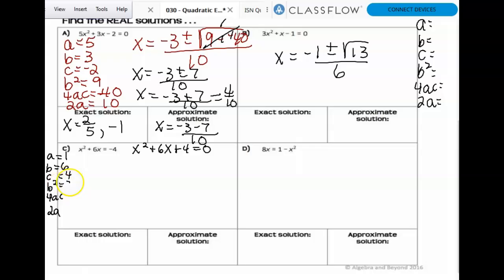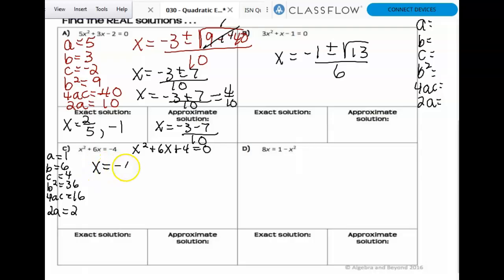So b squared is going to give me 36. 4 times a times c is going to give me 16. And 2 times a is 2. Y'all should check my math this morning. Is that right? Okay. So next, I'm going to go ahead and fill in my formula.